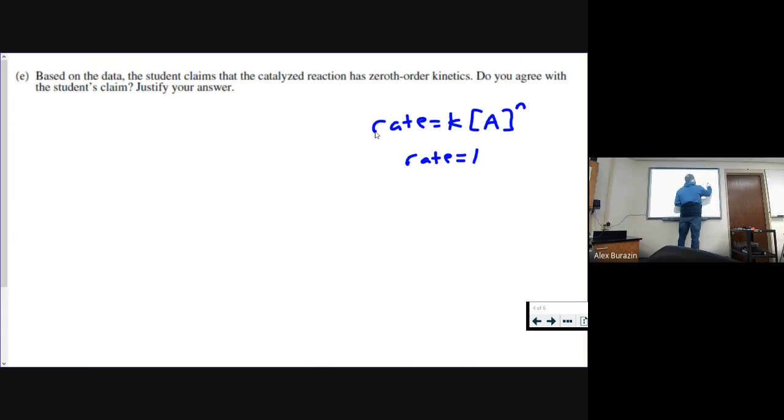I have rate equals k. Long story short, the rate of my reaction is 100% independent of the actual molarity of my reactant. In other words, the rate is constant. The rate's never going to change. In a zeroth order reaction, the rate of reaction will not change, ever. From start to finish, it will be the same.